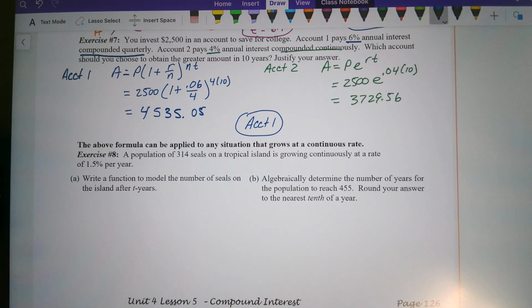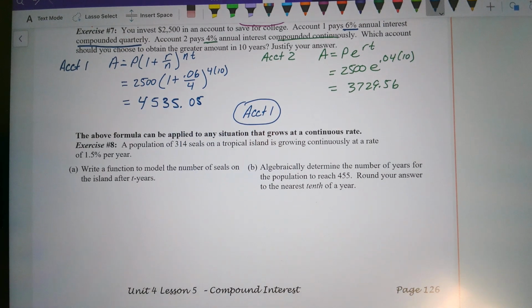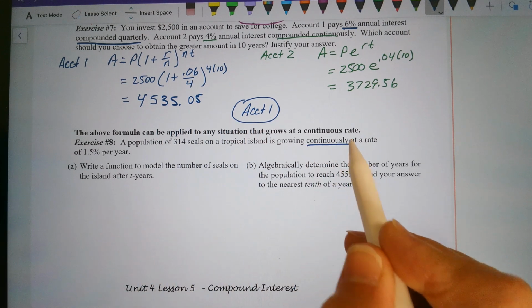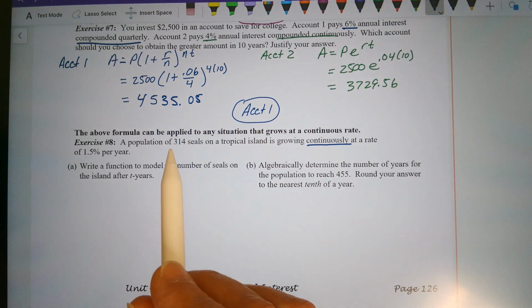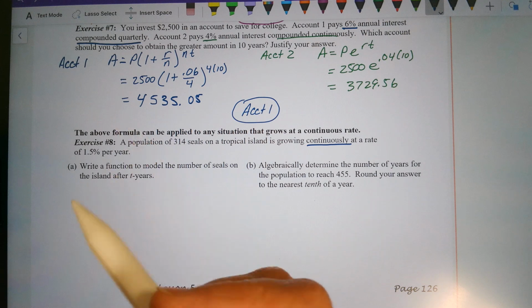Exercise number 8, a population of 314 seals on a tropical island is growing continuously at a rate of 1.5% per year. Write a function to model the number of seals on the island after t years. Okay, so it's growing continuously. So instead of having a principal, a dollar amount, we have a population amount of 314.